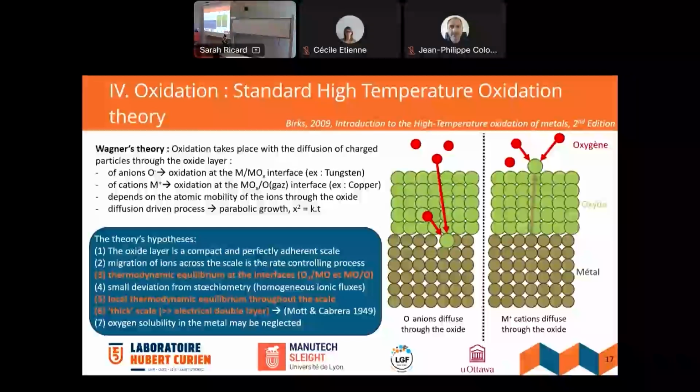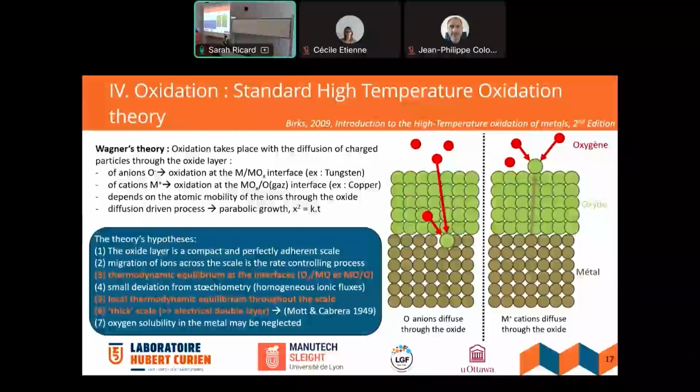But the last one, which definitely is not true for many cases of ultrafast laser oxidation, is that this works for thick scales, meaning that the scale thickness is greater than the electrical double layer or Debye length.